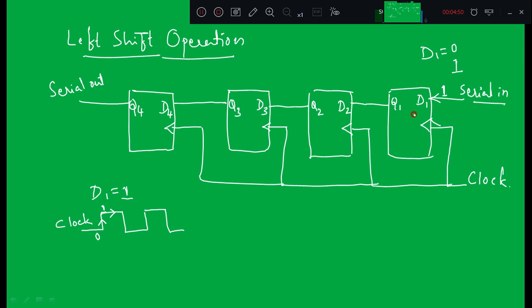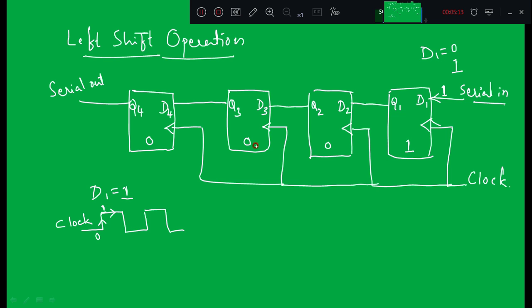So that means the data loaded in first flip-flop is equal to 1, right? And rest all will be equal to 0, because initially we are assuming these flip-flops are going to hold zeros, right?